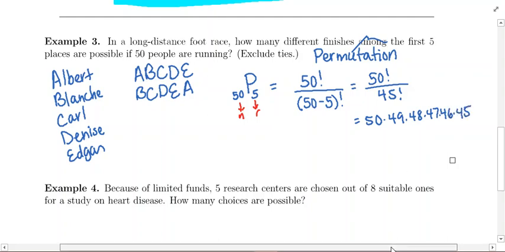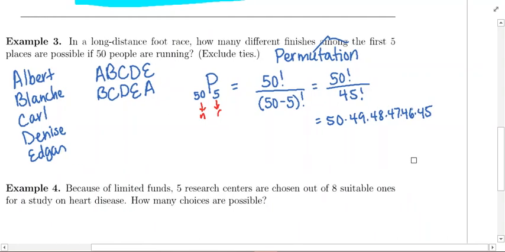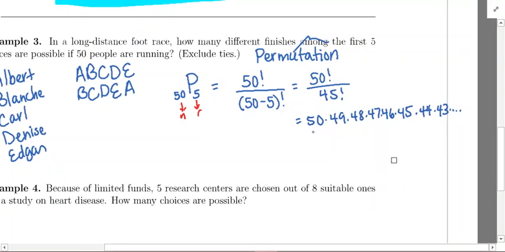The reason I'm going out so far is because the denominator is 45, so I want to catch the 45. Then we go 44, 43, and so on, all the way down to 3 times 2 times 1. And the bottom is going to be 45 times 44 times 43, and so on.